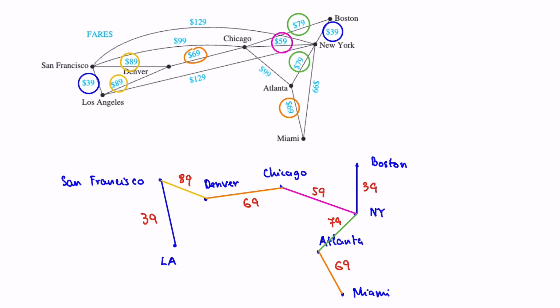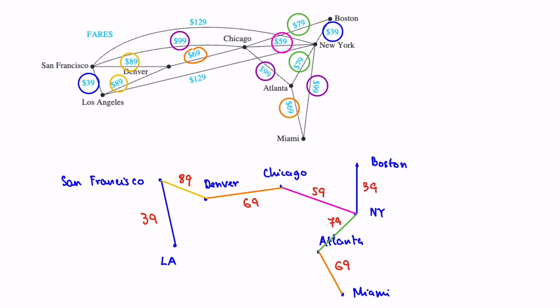Then the next cheapest one is going to be $99. So for this $99 going from San Francisco to Chicago, you don't want to do that because you're going to form a cycle. The one connecting Chicago and Atlanta, you're also going to form a cycle.